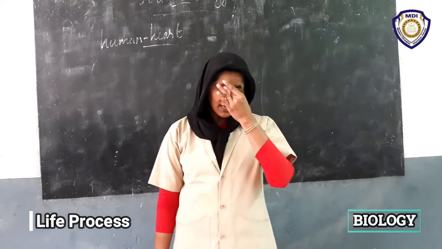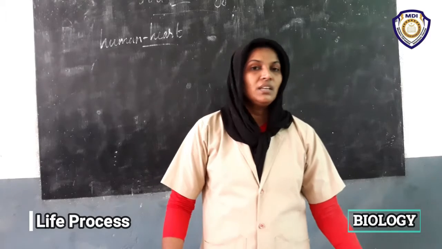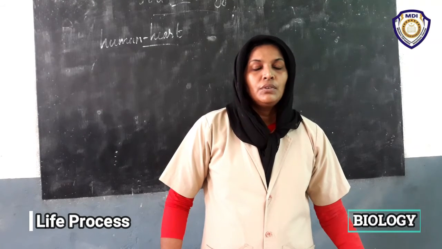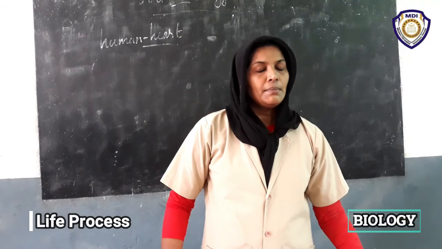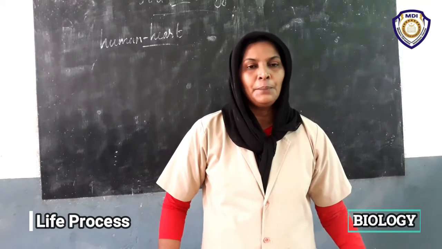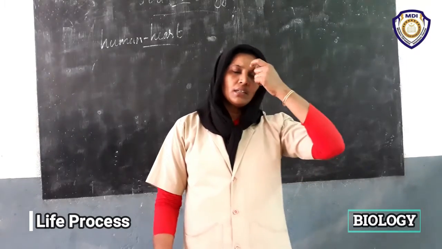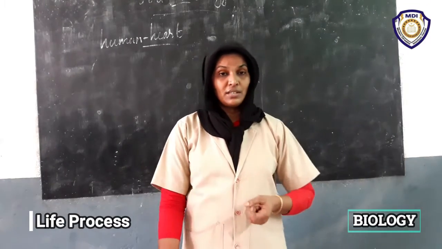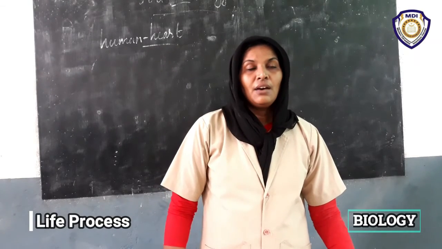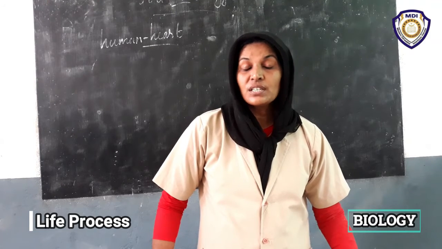Children, we have studied there are 2 types of circulation in our case. What are they? We call them pulmonary circulation and systemic circulation. No need to study, but you think what the 2 types of circulation are. That is why in the human circulatory system we have a closed double circulation.